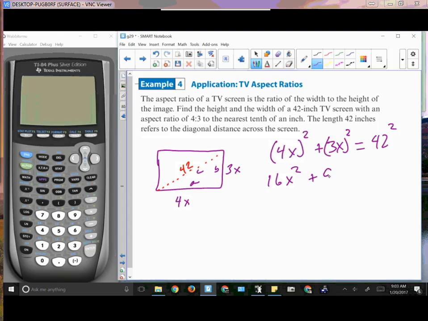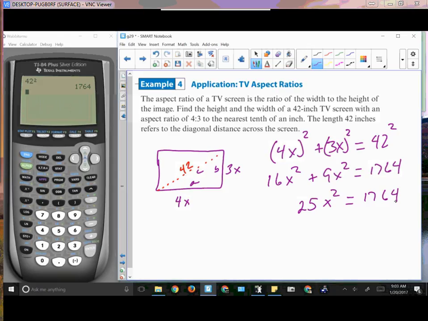This, 9x squared, is equal to, I don't know what 42 squared is, so that means that we are going to have 42 squared, and we end up with 1764. These two get added together, so that is going to be 25x squared is equal to 1764.